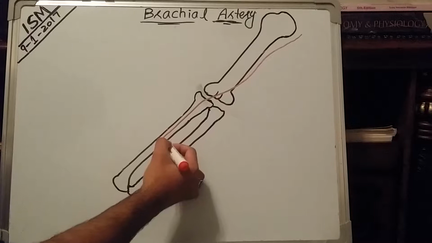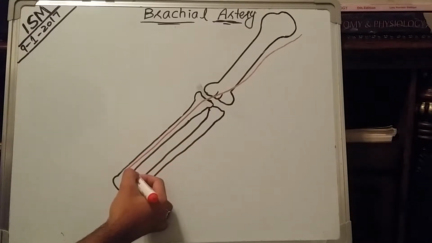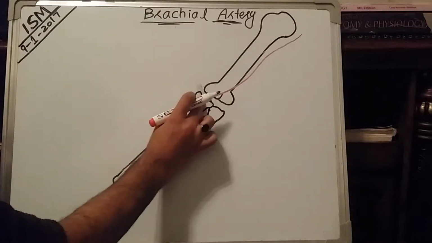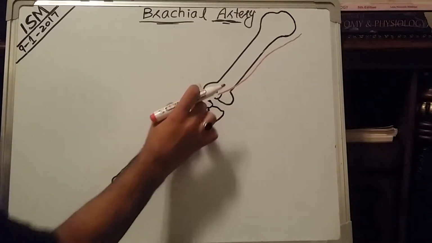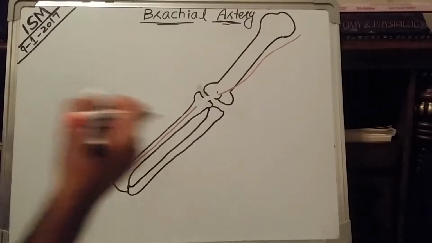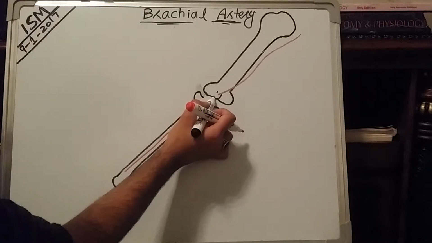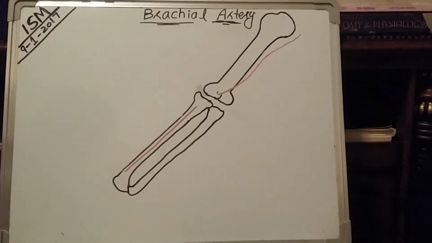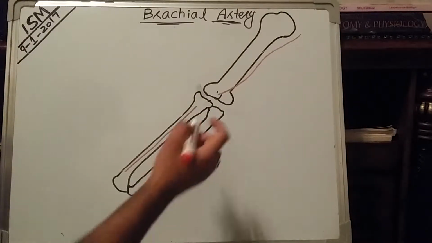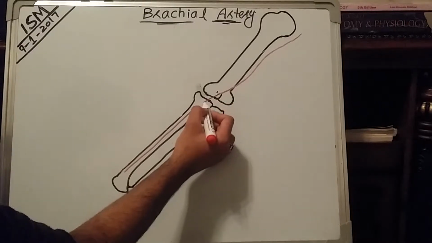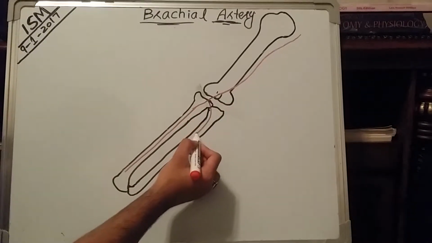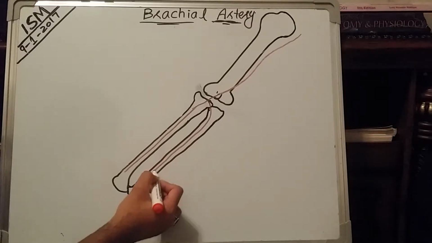Number 1, the radial branch, and number 2, this is the ulnar artery.